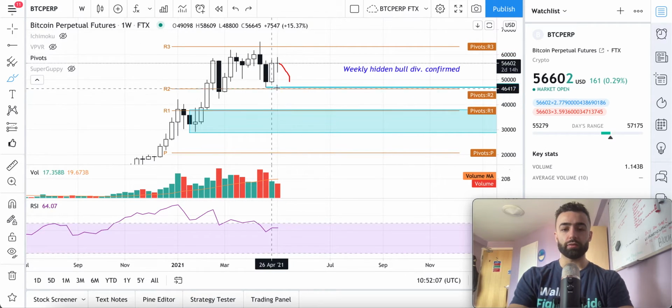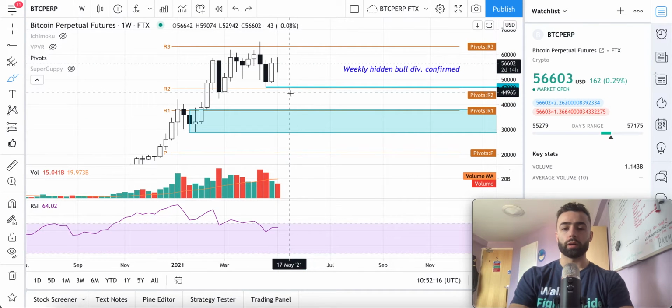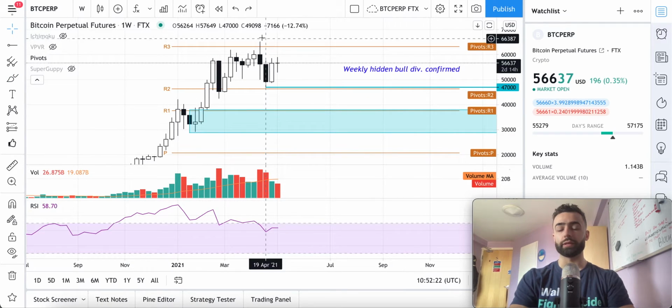The other scenario is we form a lower high, the weekly bullish divergence doesn't really give us much upside, and then we go down to the lower low past this blue line, which is that monthly line that we looked at, to form that monthly high right here.